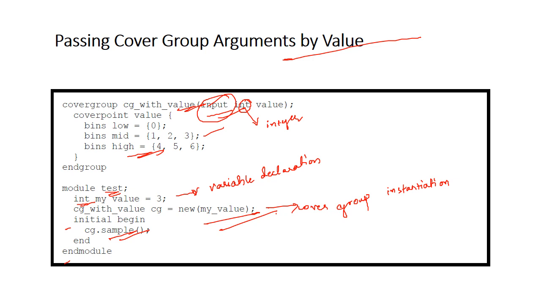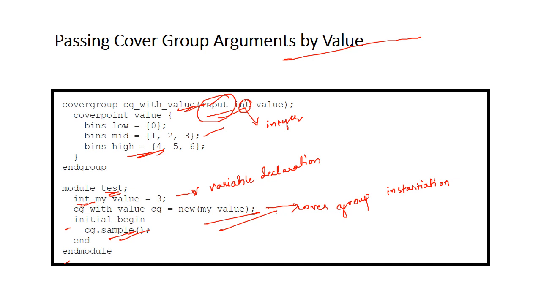The coverpoint value is going to define the coverpoint for the variable value. Here we have bins represented in terms of low, mid, and high values. Here you can see bins low = 0, bins mid = 1, 2, 3, and bins high = 4, 5, 6.